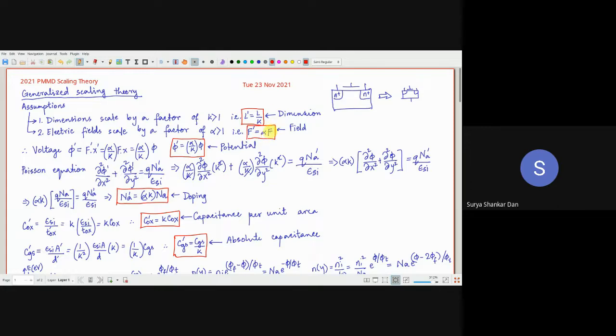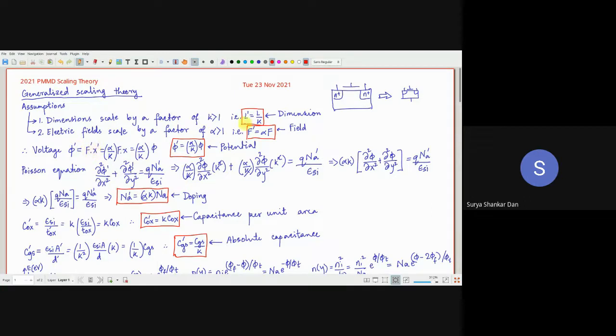Now we will understand, through the physics-based modeling approach, how the voltage scales. Remember that the potentials or the voltages are used interchangeably here. The potential phi dash will be given by the dimension multiplied by the field, correct? These are all prime quantities, so F dash and x dash.